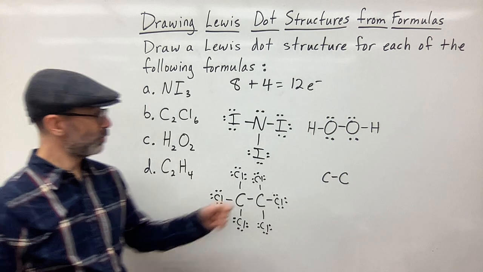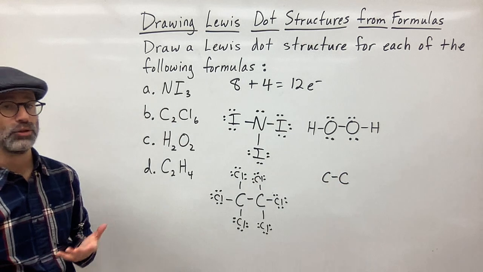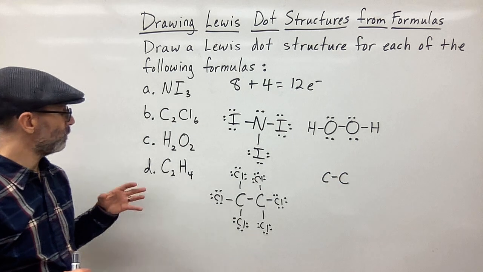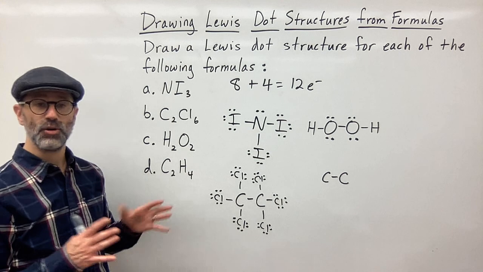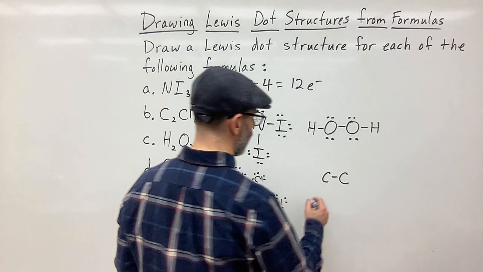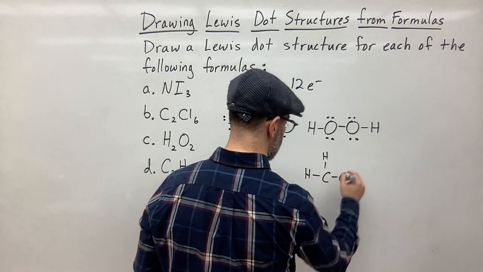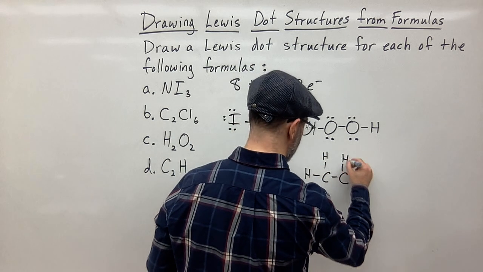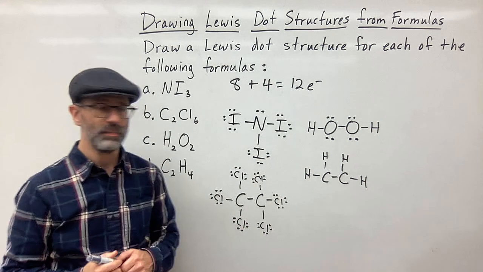So I could put 3 hydrogens here and 1 hydrogen there and try to do it that way. But it would be much better if I divided up the hydrogens evenly so I get symmetry. So here I can put 2 hydrogens on this carbon, and 2 hydrogens on that carbon. So that'll work a lot better.